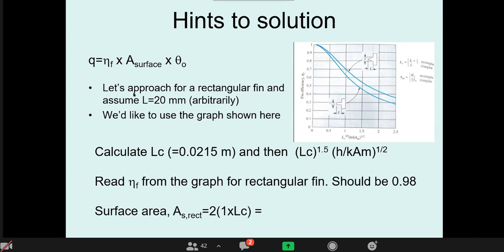One of the approaches which I have taken is to approach a rectangular fin and assume L equals 20 millimeter.